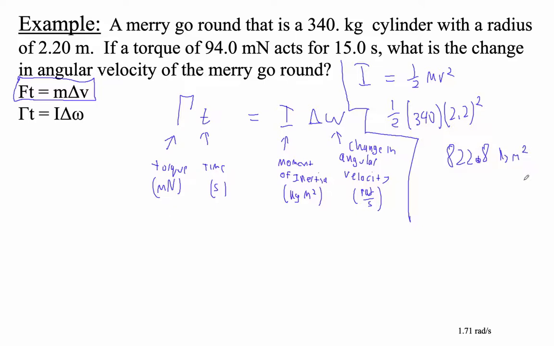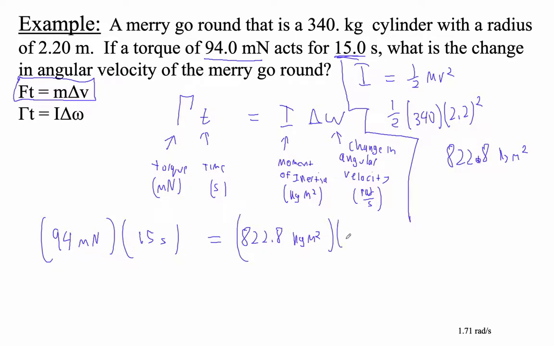Okay, so let's see. Torque of 94 meter newtons, so that's our torque. So let's fill it in, right? Torque is 94 meter newtons. Time is 15 seconds. I'm just filling it in. Here's our time, right? Is equal to I, which is 822 kilogram meters squared.